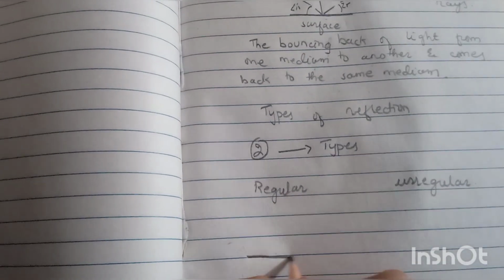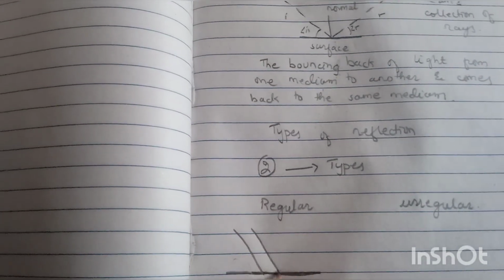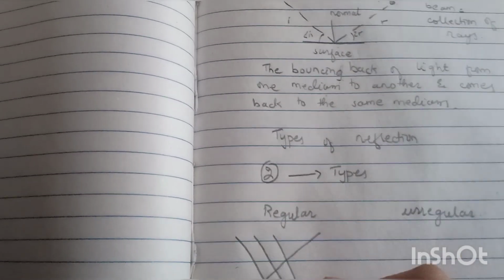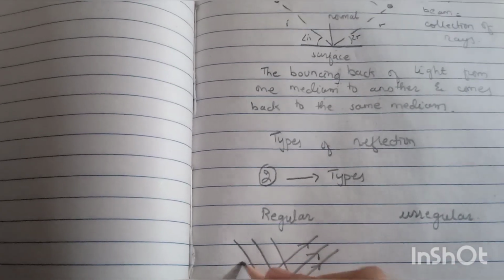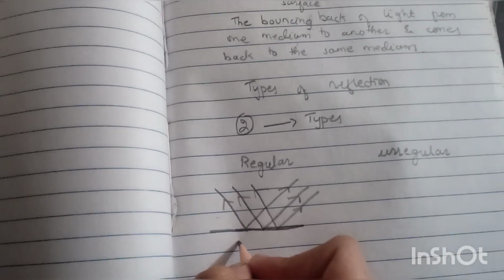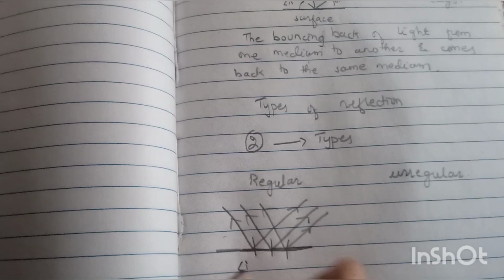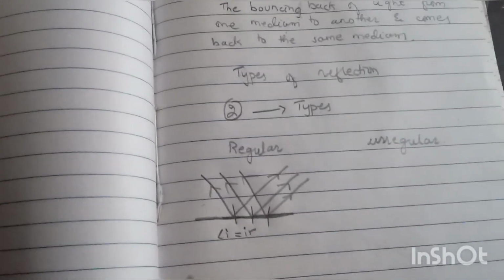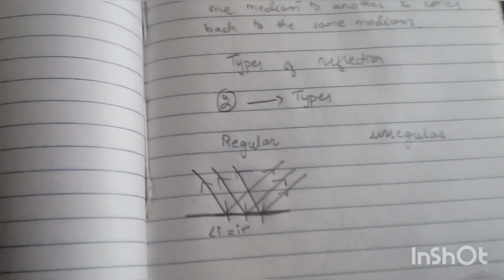What is regular reflection? Basically this is the surface, light comes here, here, here, and goes like this. Here this is normal. The angle of incidence is equal to the angle of reflection. This is explained by the law of reflection. I am going to elaborate on this as well, so just wait and watch.